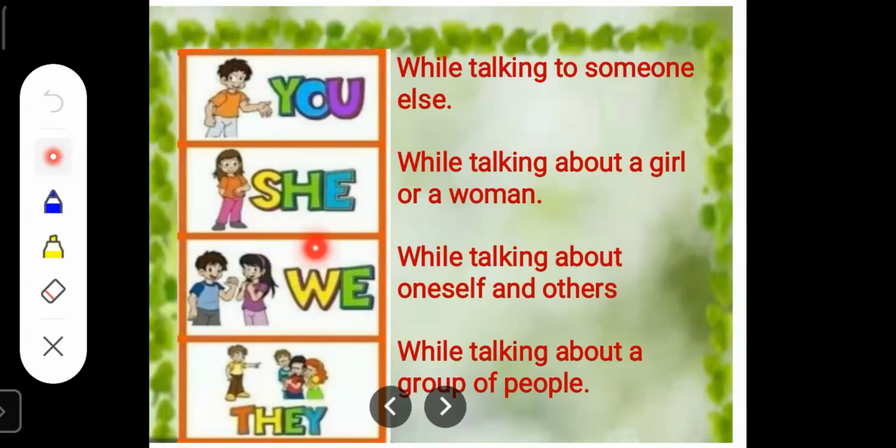Next is they. While talking about many people. See here, you can see a boy talking about many people. For example, if I want to talk about many people, I can see some people talking.